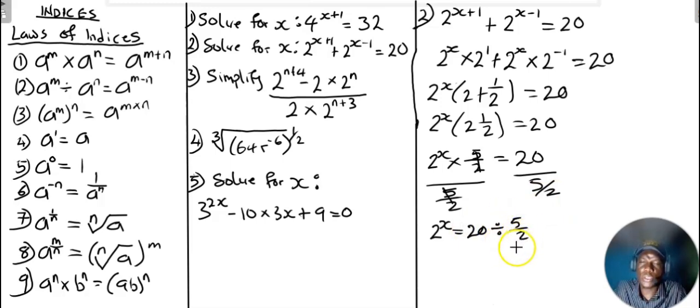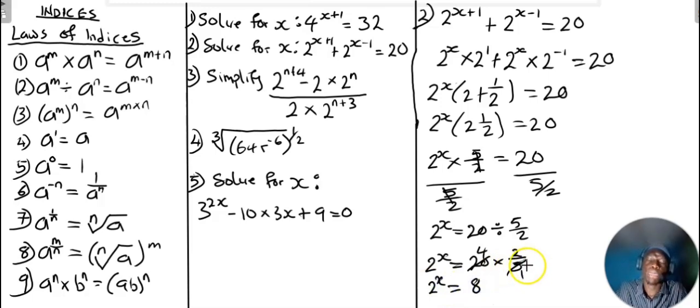When you change this division sign to a multiplication sign, the numerator becomes the denominator and the denominator becomes the numerator. So 2 raised to power x is equal to 20 times 2 over 5. 5 into 5 is 1, 5 into 20 is 4, 4 times 2 will give you 8. So you have 2 raised to power x is equal to 8. I will continue it here.